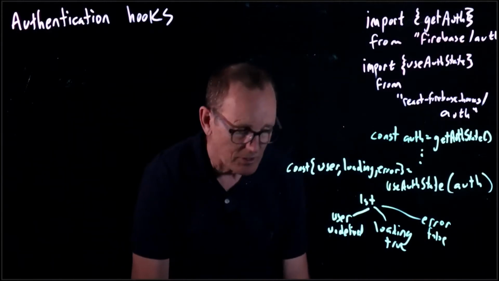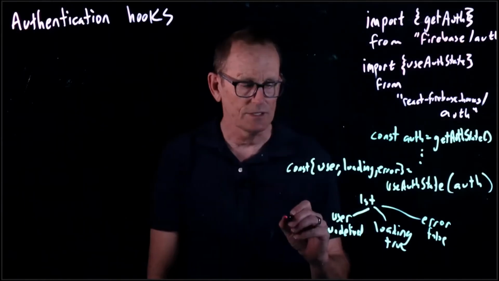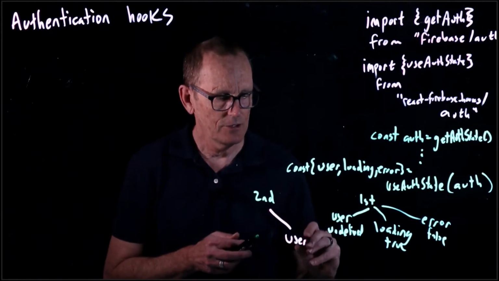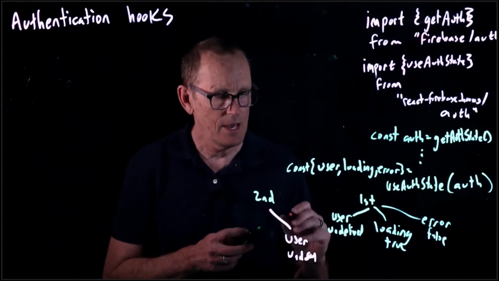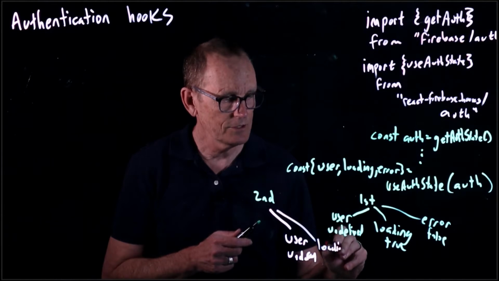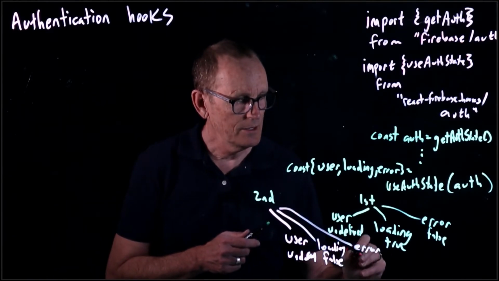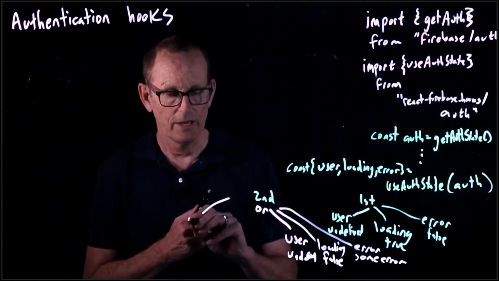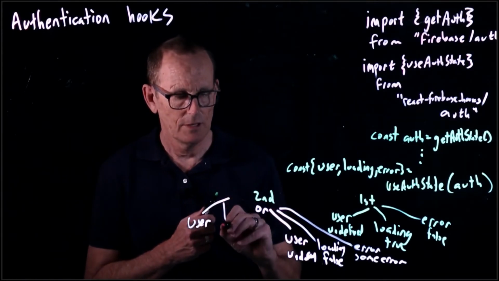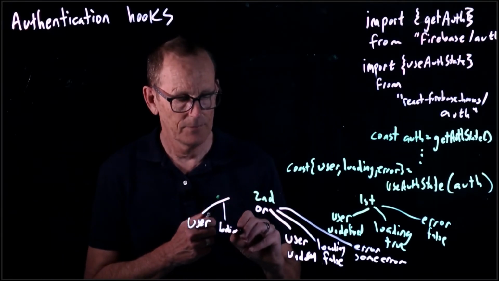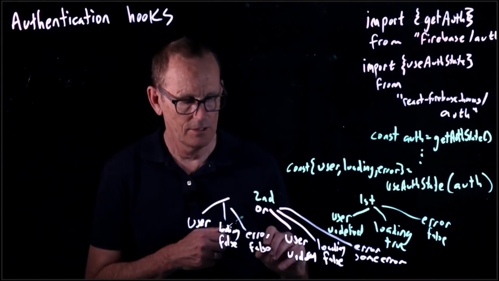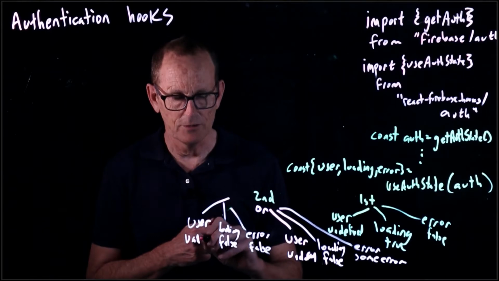And then the second time one of two things happens. Either our user is undefined and loading is false and error is some error, or we have a user and loading is false and error is false. So this would be a valid user.